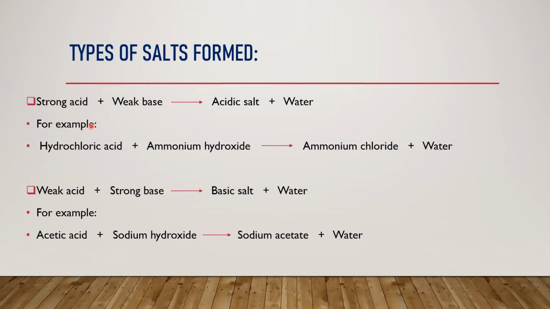For example, hydrochloric acid plus ammonium hydroxide gives ammonium chloride plus water. A weak acid plus a strong base gives a basic salt plus water. For example, acetic acid plus sodium hydroxide gives sodium acetate and water.